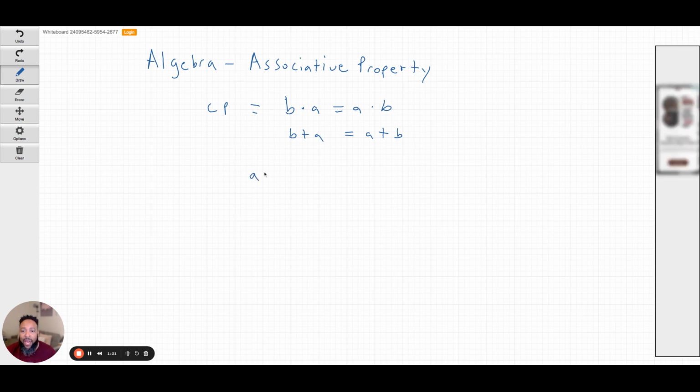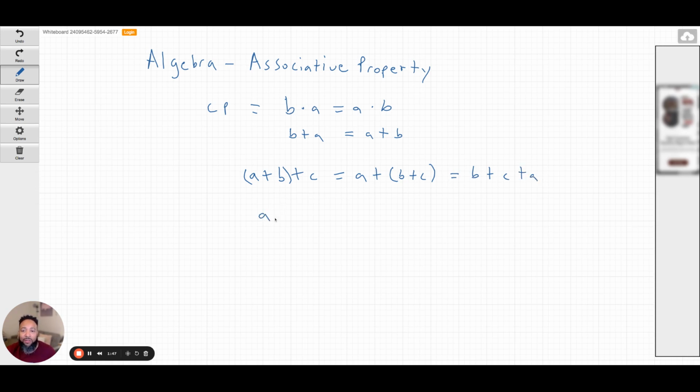If you have A plus B plus C, that also may equal, if you put parentheses around this, that would also equal A plus B plus C, or would also equal B plus C plus A.